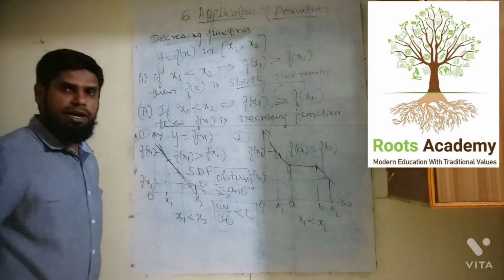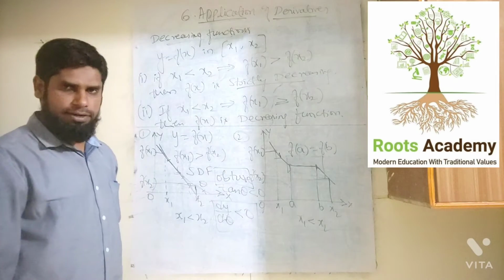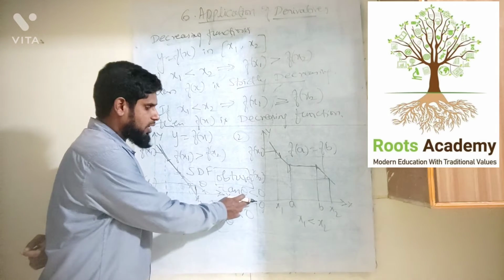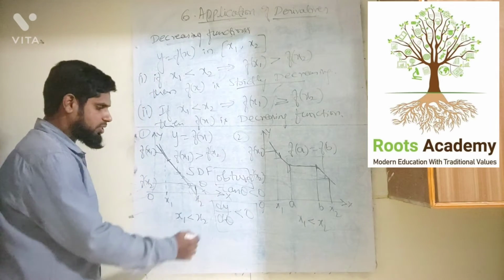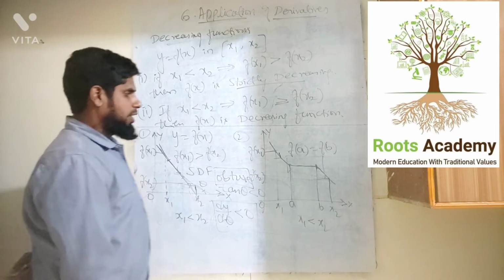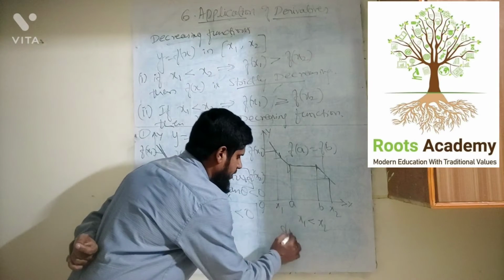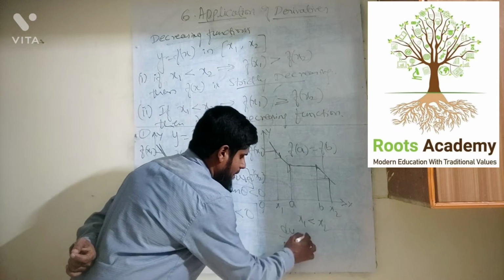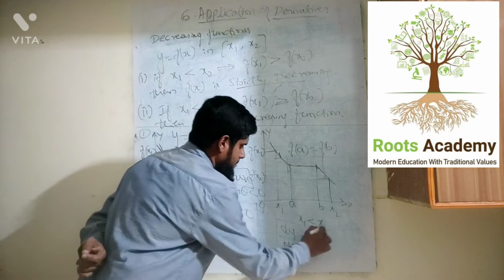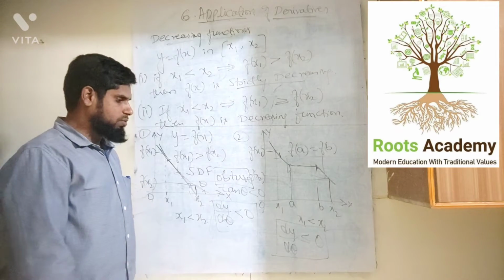So tan theta is negative in the second quadrant, that's why its derivative is less than 0. In the case of just a decreasing function, its derivative will be less than or equal to 0.